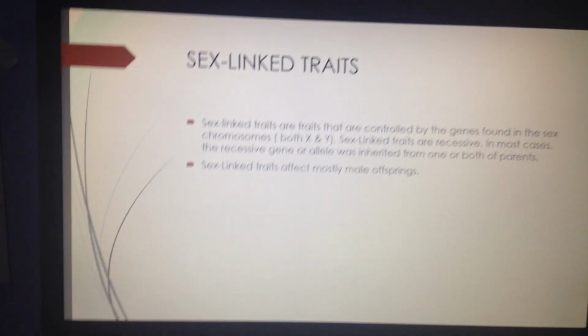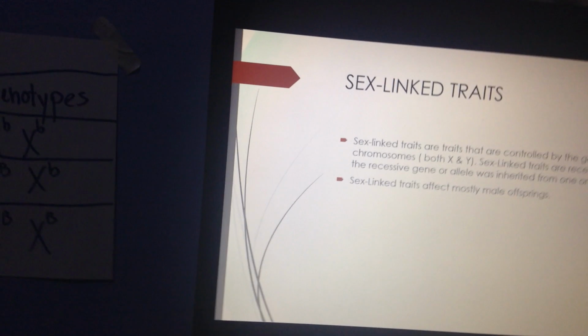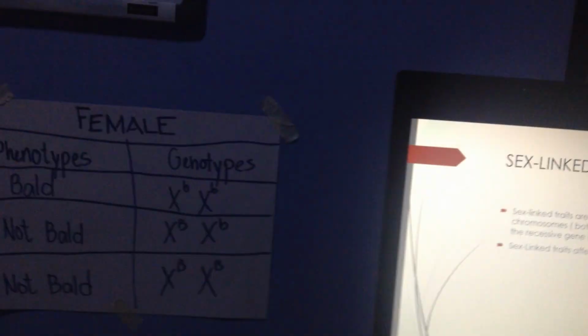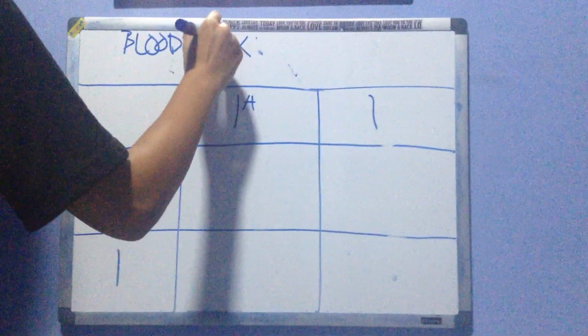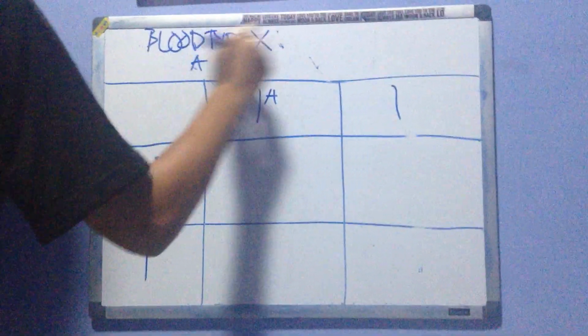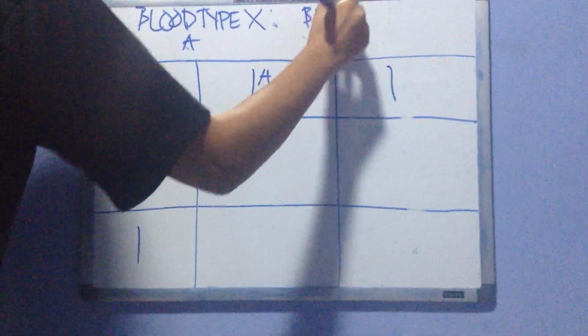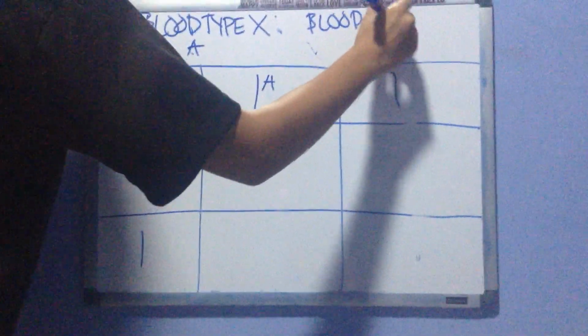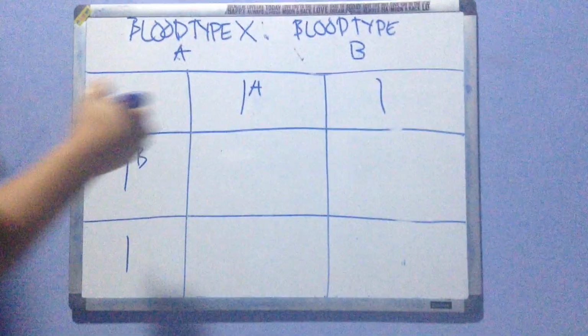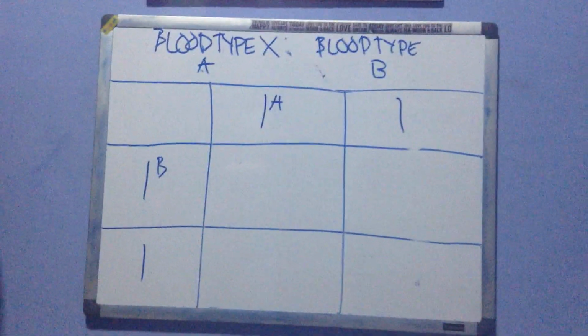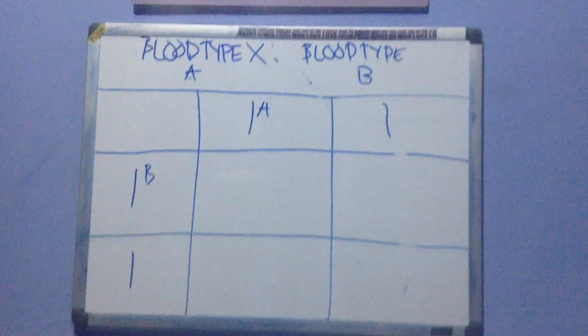So, one example of traits controlled by multiple alleles is the human blood group. We're gonna have a sample cross between a heterozygous blood type A female and a heterozygous blood type B male.